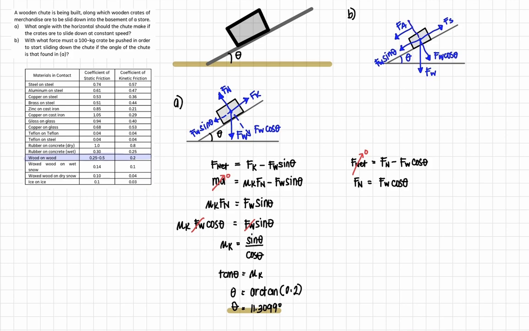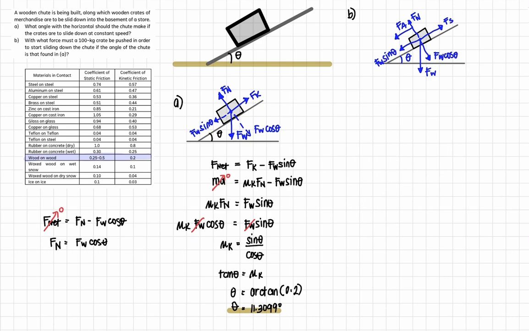And we have the net force directed upward, Fn. So F net equals Fn minus Fw cosine of theta. So Fn equals Fw cosine of theta because net force is 0.